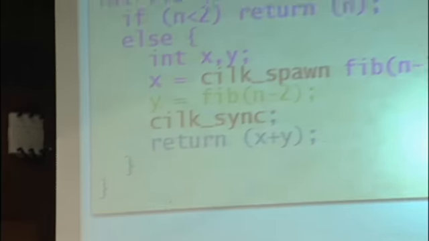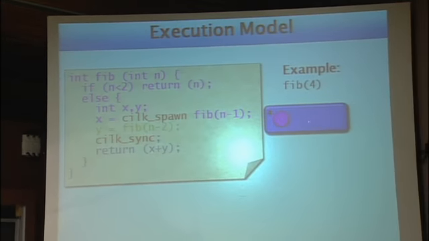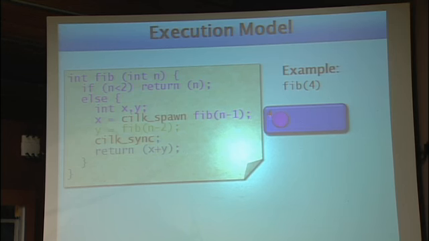What we're going to do is start out with a rectangle that I want you to think about as a function call activation record. It's a record on a stack, and it's got variables associated with it. The only variable I'm going to keep track of is n, so that's what the 4 is there. So we're going to do fib of 4. In this activation frame, we have the variable 4.